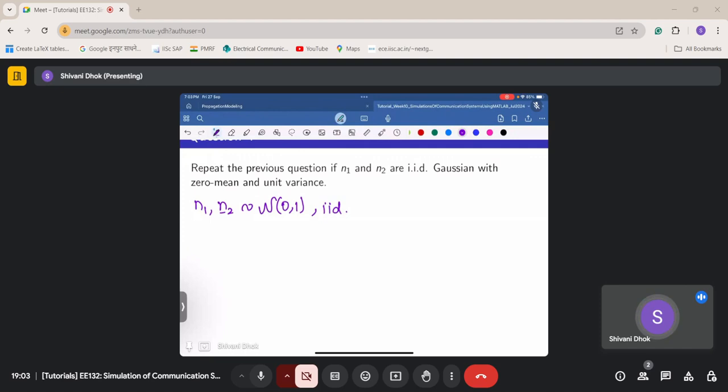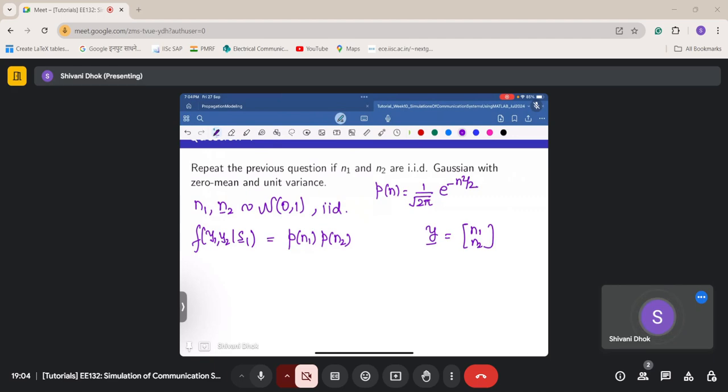Again, we will first figure out what is f of y1, y2 given s1. For s1, your y will be equal to simply n1, n2. So this will be equal to p of y1 times p of y2, where p of n is equal to 1 upon root 2 pi e power minus n square by 2.